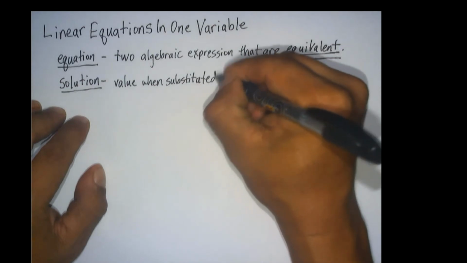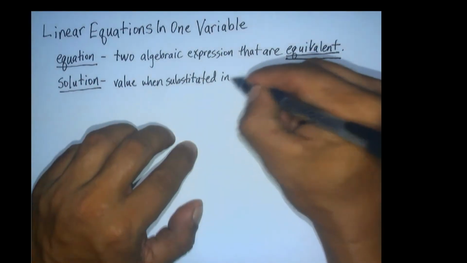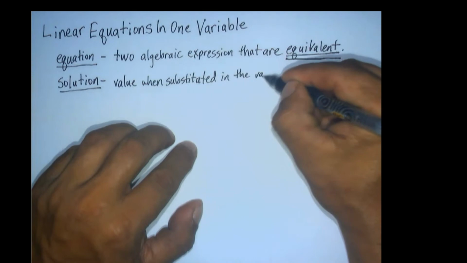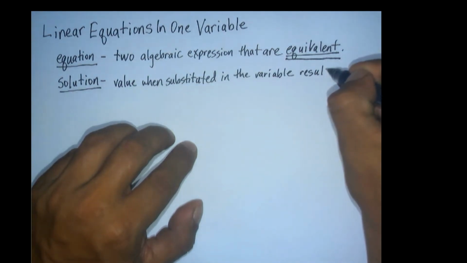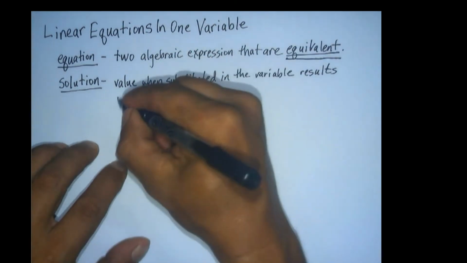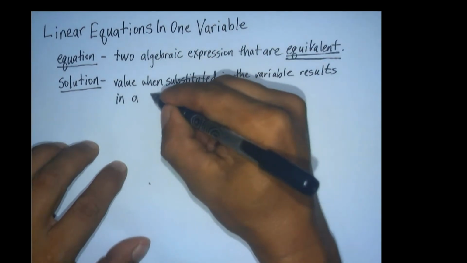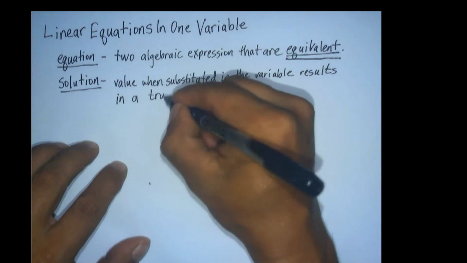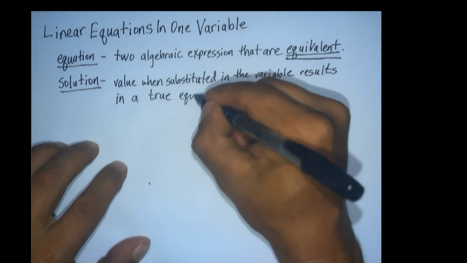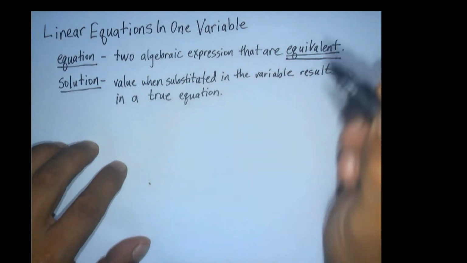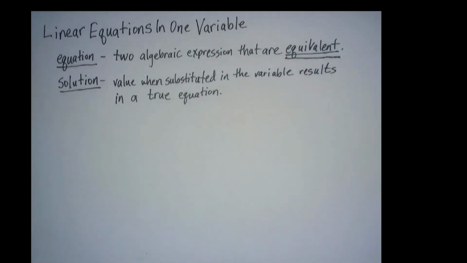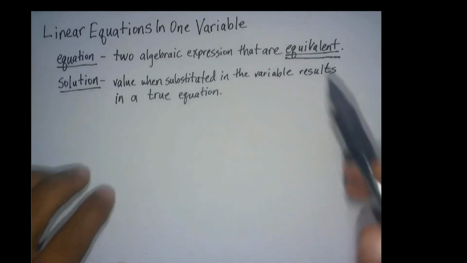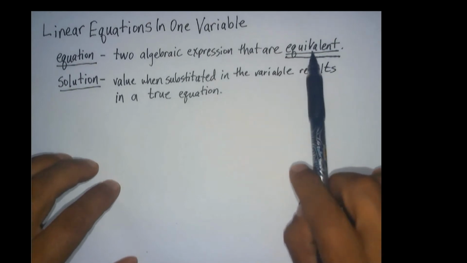Substituted. That's a big word. Into the variable results in what kind of equation? True. It's got to be true. So if there's variables on both sides, which we're going to get to eventually, maybe not today, but soon, that's going to bring us to the word equivalent.